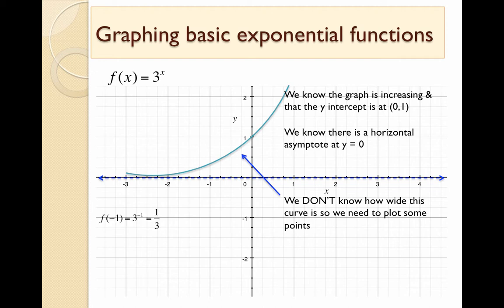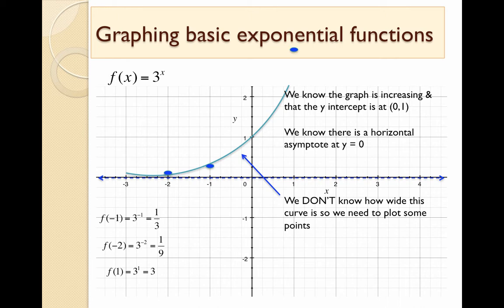So let's plug in a -1 for x. Doing that, we get y = 1/3. Let's plot that point. Well, that's pretty close to what we sketched. Let's plug in a -2 for x. We end up with 1/9. Again, not too far off. And finally, let's put in a positive value, f(1), 3 to the first power is equal to 3.